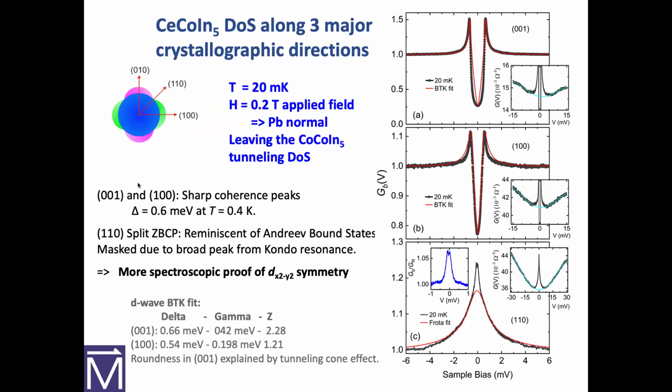I could go into that if you'd like. There's the 001 direction, the 110 direction, it fits really nicely. And we see that this is what you expect for a d-wave superconductor when we fit it. It looks like a pretty good junction; these parameters tell you pretty much the quality of the junction.